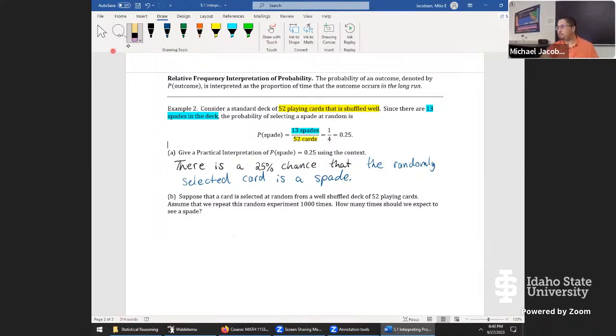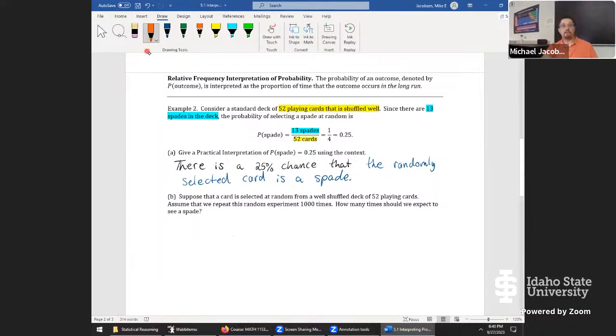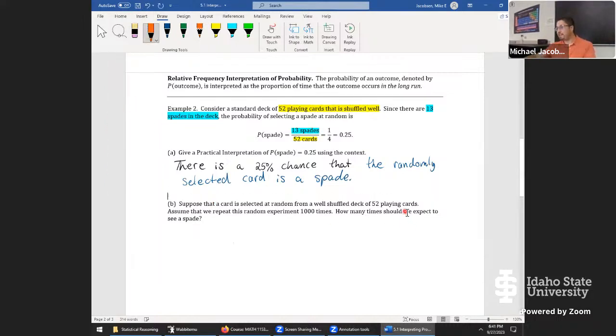Okay, this next part B, it's kind of an interesting spot. Part B is a problem that we're going to be using for this purpose: hypothetical 1000 table. This is in sections 5.3 and 5.4.